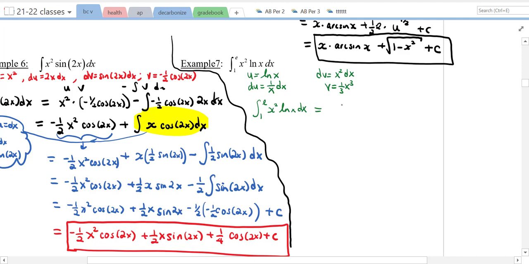What is uv? u is ln x, v minus integration of v times du, 1/x dx. That simplifies to 1/3 x cubed in front, ln x like this. And then now minus 1/3 the integral of x squared dx. I know what that is, right?